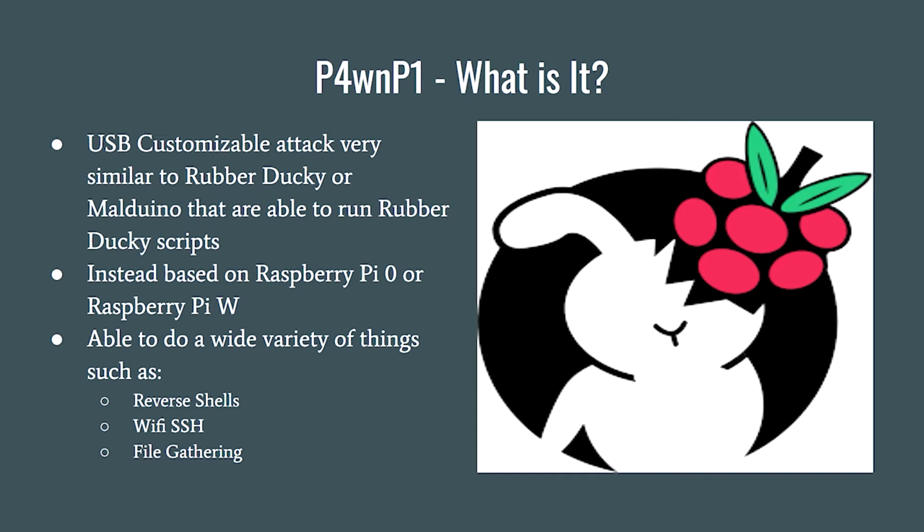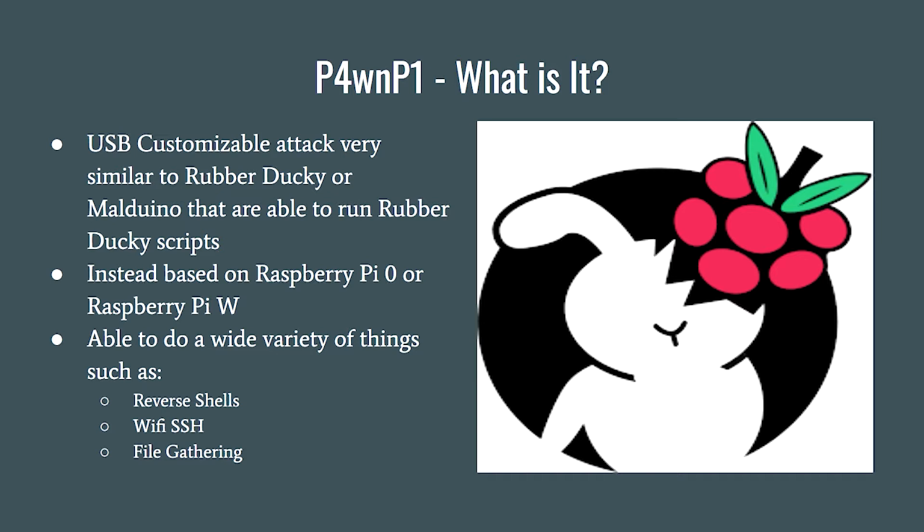So essentially, your Raspberry Pi with P4wnP1 can do a wide variety of things, like creating a reverse shell on your system, which essentially allows the attacker to open a shell on the target's computer. You're also able to do a Wi-Fi SSH session due to the Wi-Fi capabilities of the Raspberry Pi.